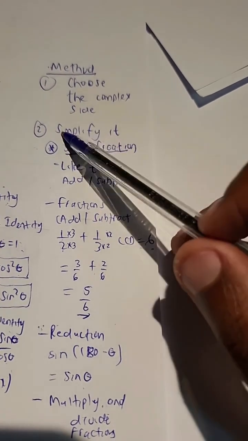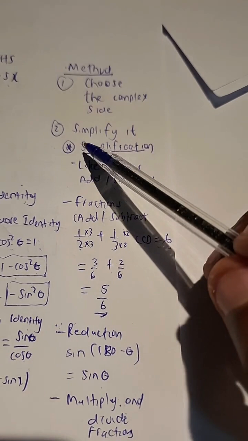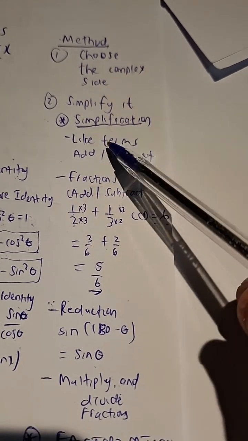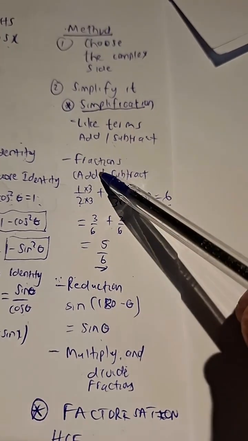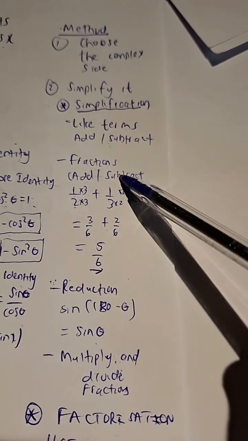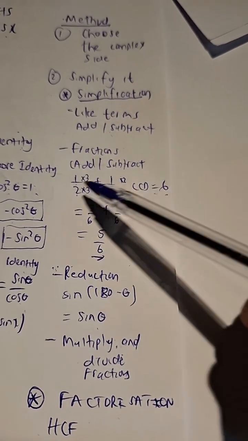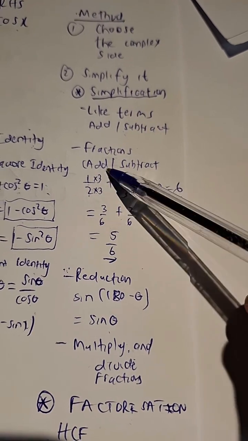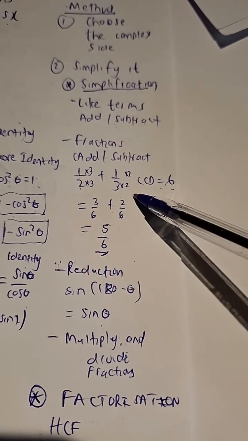How? 3 strategies. Simplification: you are checking, are they like terms? You add and subtract them if they are. Are there fractions? You add and subtract the fractions, remembering that you must get the LCD and make the denominators the same by multiplying top and bottom by a particular multiple, then being able to add the numerators because the denominators are the same.